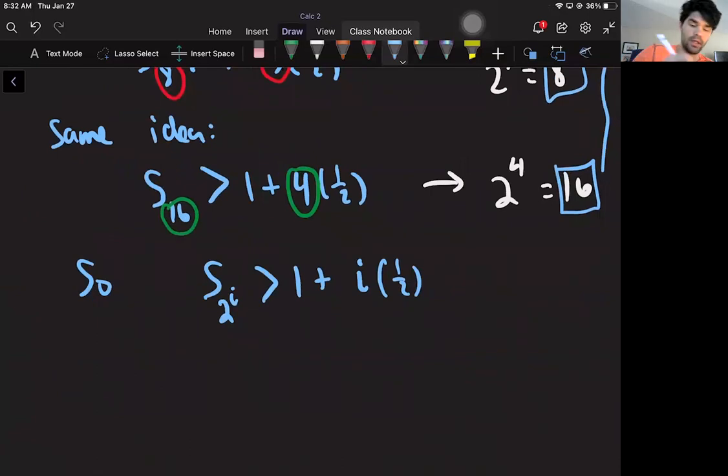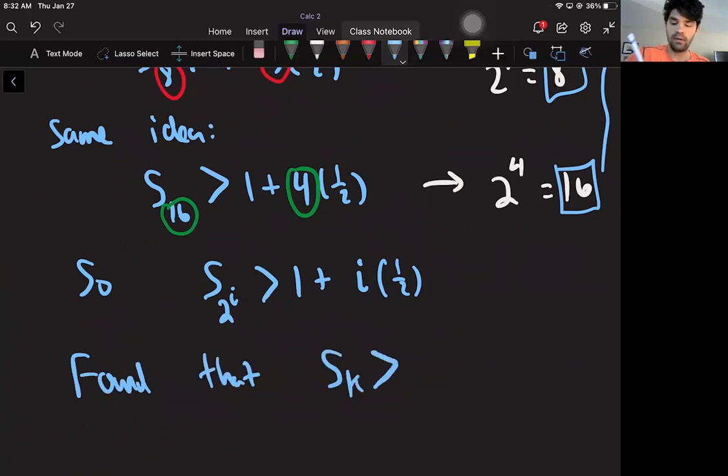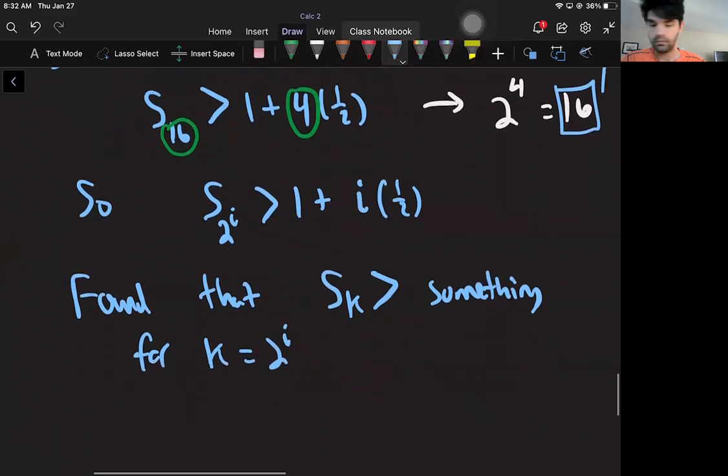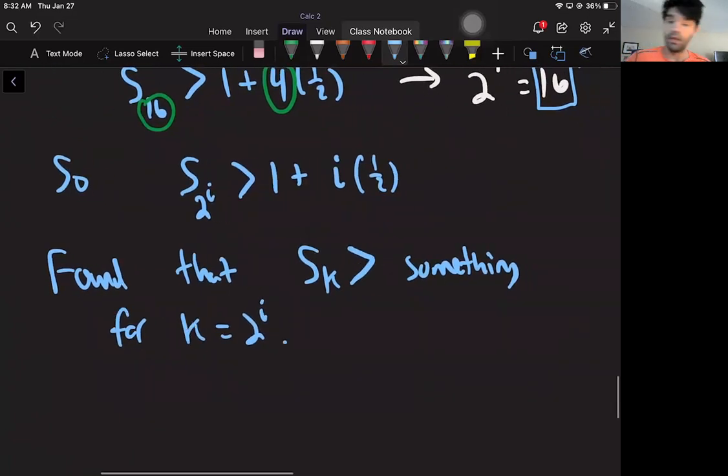So we didn't find a formula for all SKs, but we found that SK is bigger than something for K equal to powers of 2. Is the idea. So then we're just going to take the limit of those ones because the other ones sort of come along for the ride.